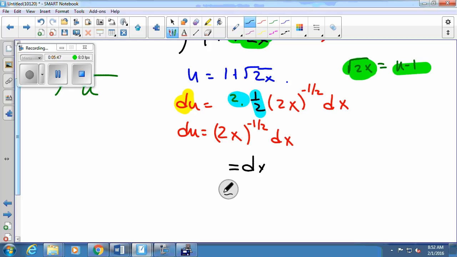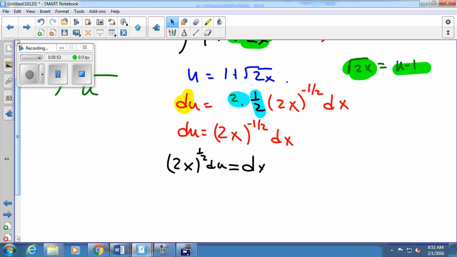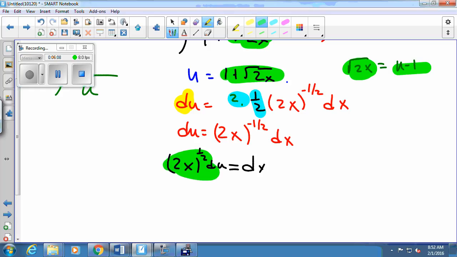So would it turn into just, would it just turn into that? And do we know something about that? This is really close to the value of u, isn't it?